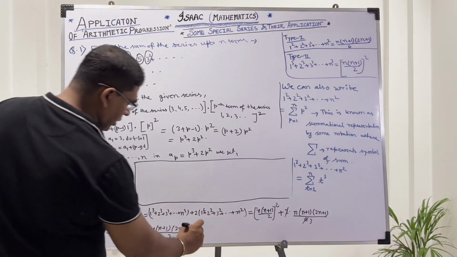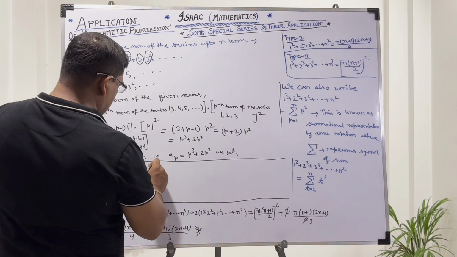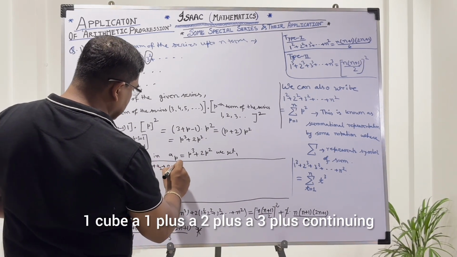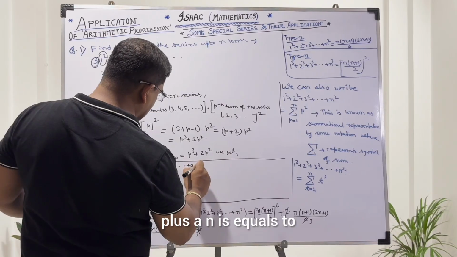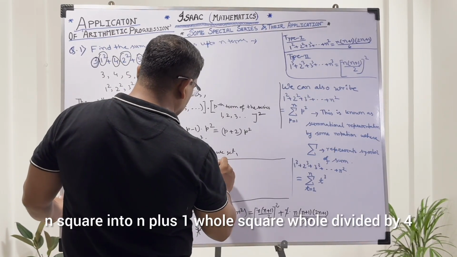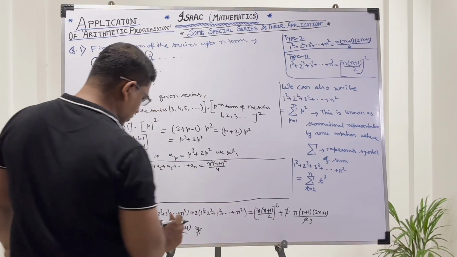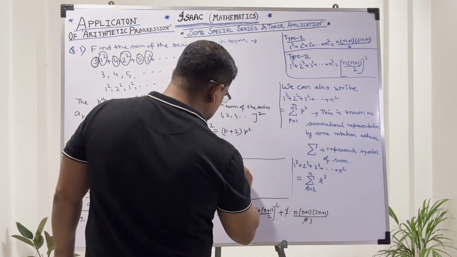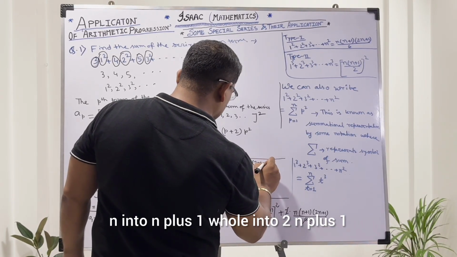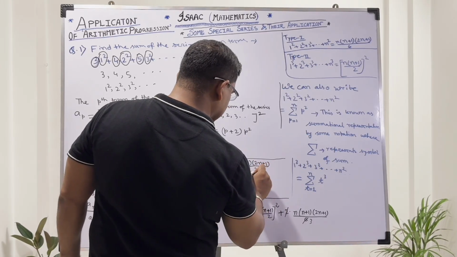So, A1 plus A2 plus A3 plus continuing plus An is equal to n square into (n plus 1) whole square divided by 4 plus n into (n plus 1) whole into (2n plus 1) whole divided by 3.